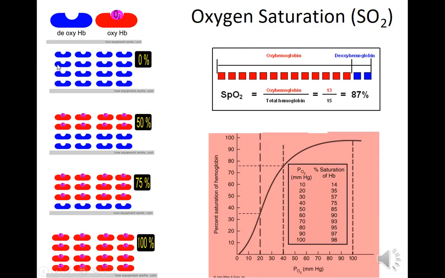So this one would be, out of all these hemoglobin molecules, 0 are saturated with oxygen. So you have 0 oxyhemoglobin. Half of them in this one, half of the sample of 16, say, have oxyhemoglobin, or oxygen saturated to hemoglobin fully. So this is not good, 50%. It's never 0%.